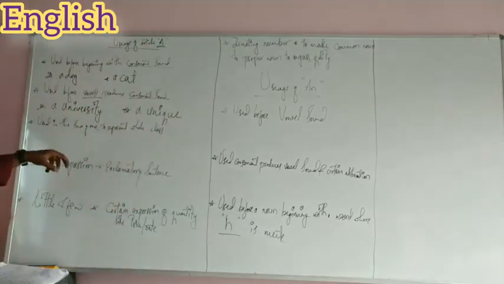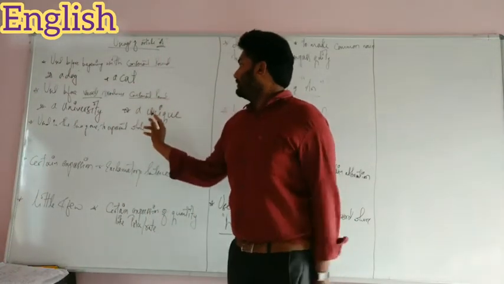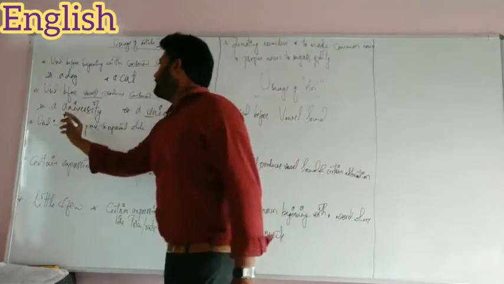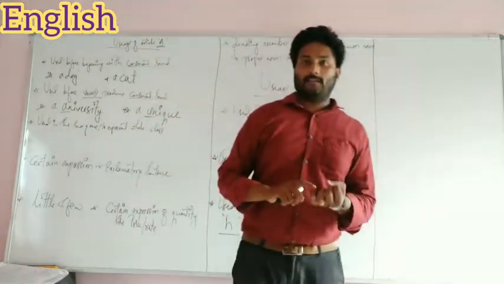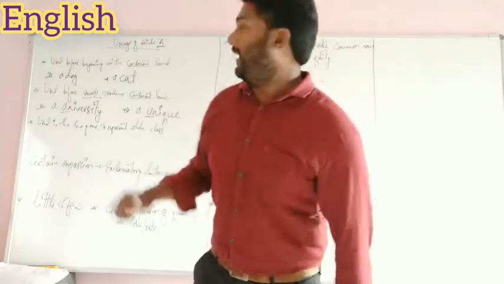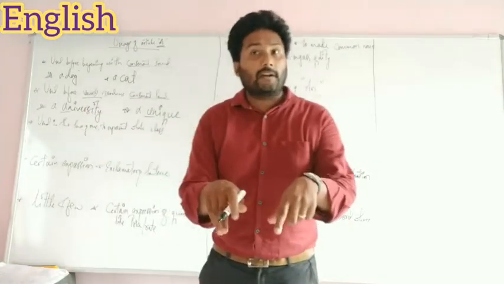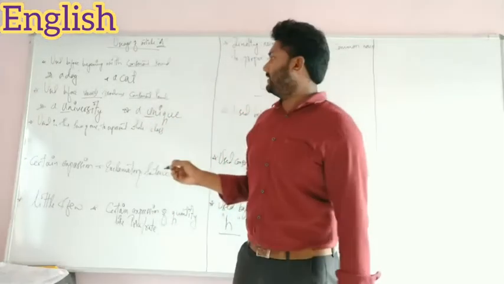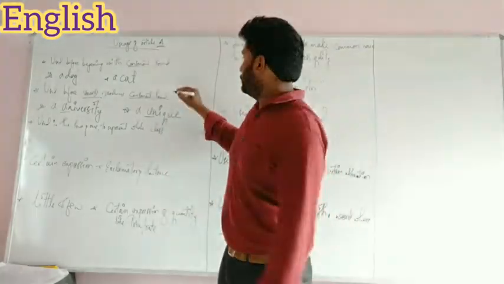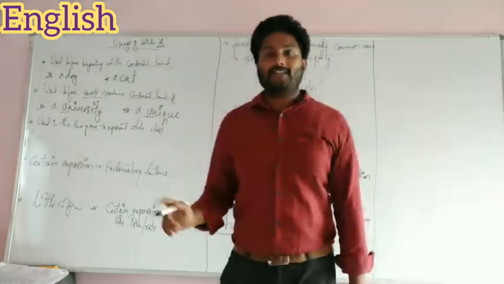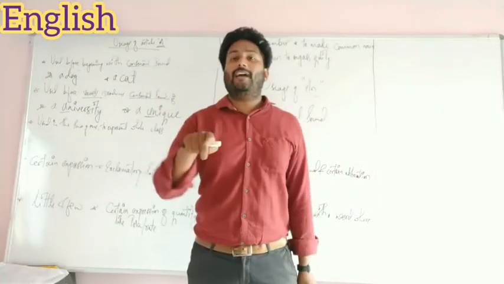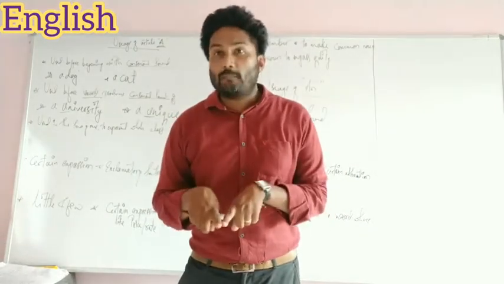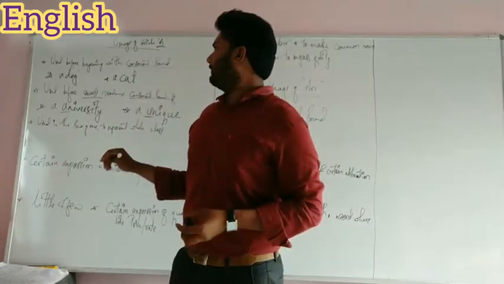The starting letter of these words is U. As I said, the vowels are A, E, I, O, U. But this vowel word produces the consonant sound; when you utter these words, it is a 'yu' sound. It is a vowel word that produces the consonant sound. A similar example for that is European.